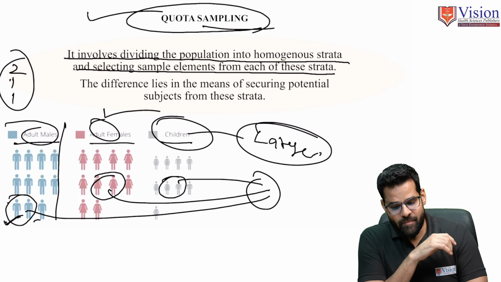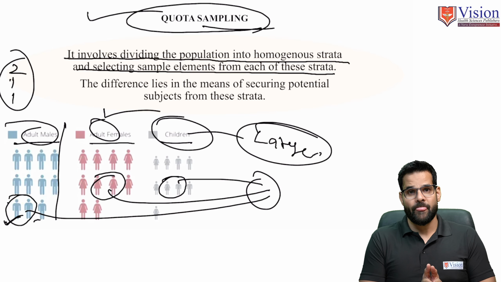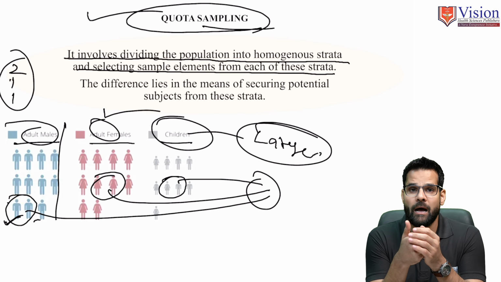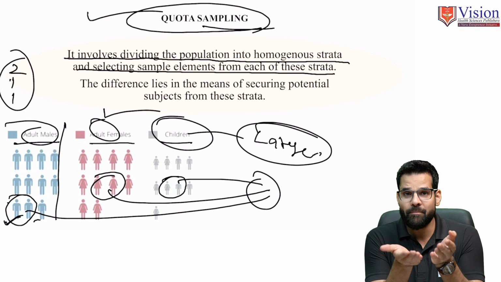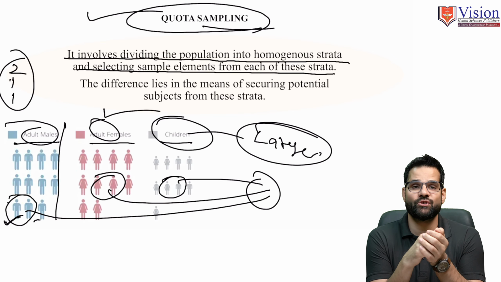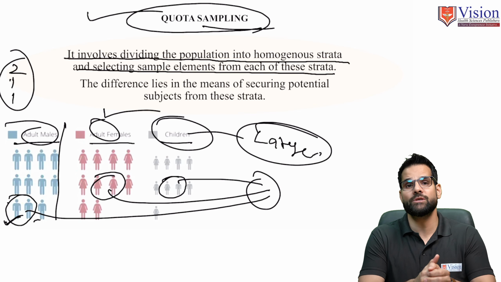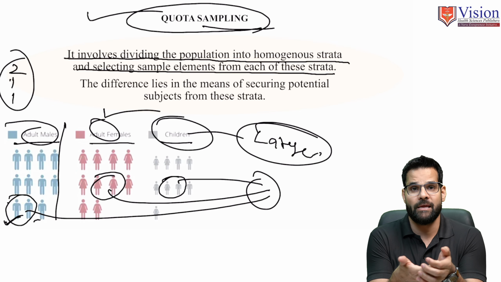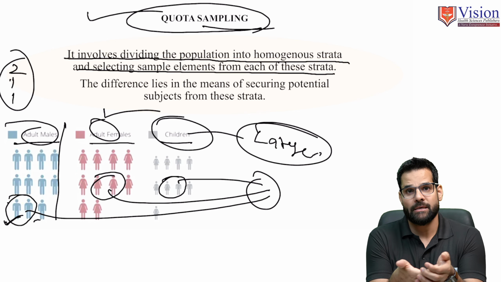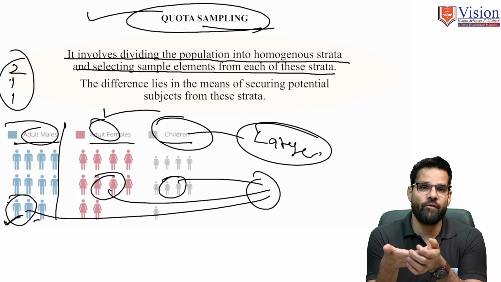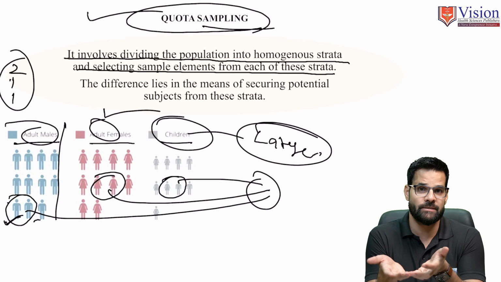Overall, non-probability sampling techniques are widely used, but if I compare non-probability sampling with probability sampling, I always advise preferring probability sampling techniques, because probability sampling effectively ensures the population is represented by the selected samples, whereas there are more chances of bias in non-probability sampling techniques.